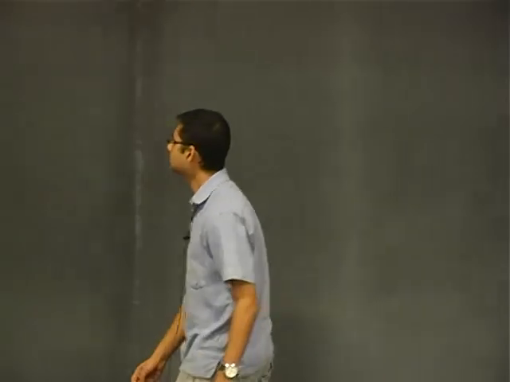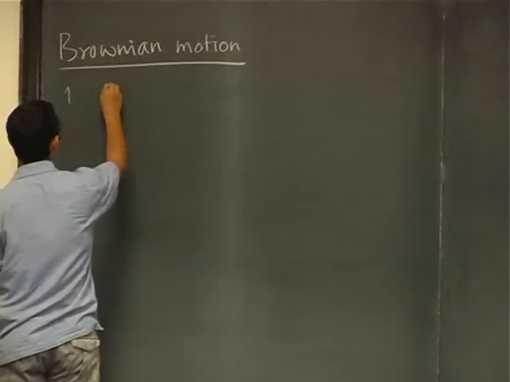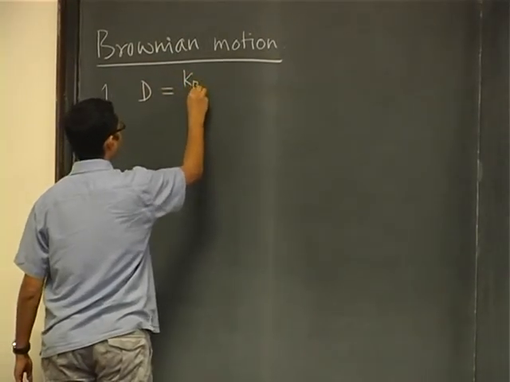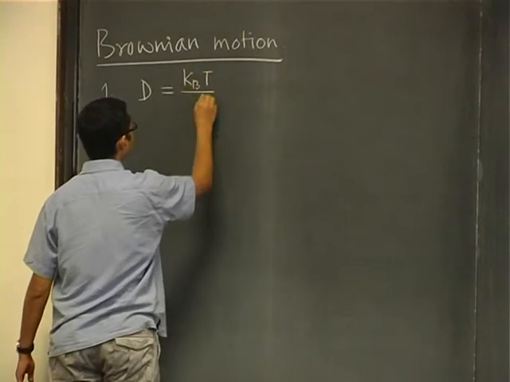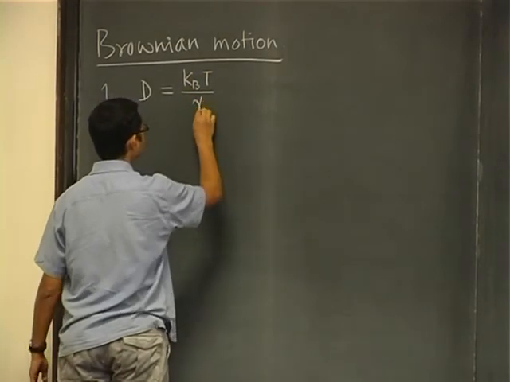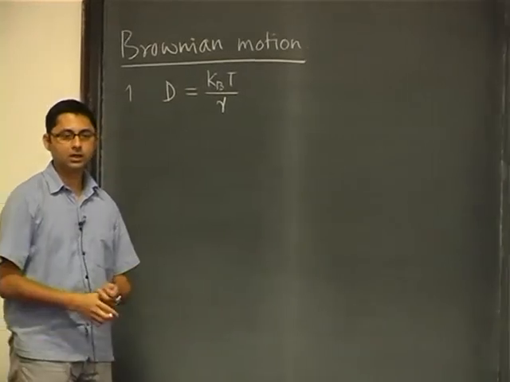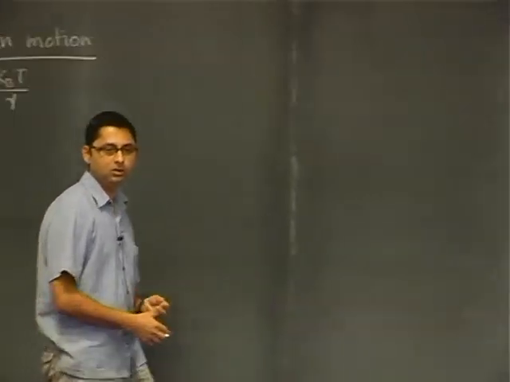We showed the diffusion coefficient is equal to Kb times the temperature divided by gamma, where gamma is a friction coefficient, and if you have a spherical ball, then it is given by 6 pi eta times r.